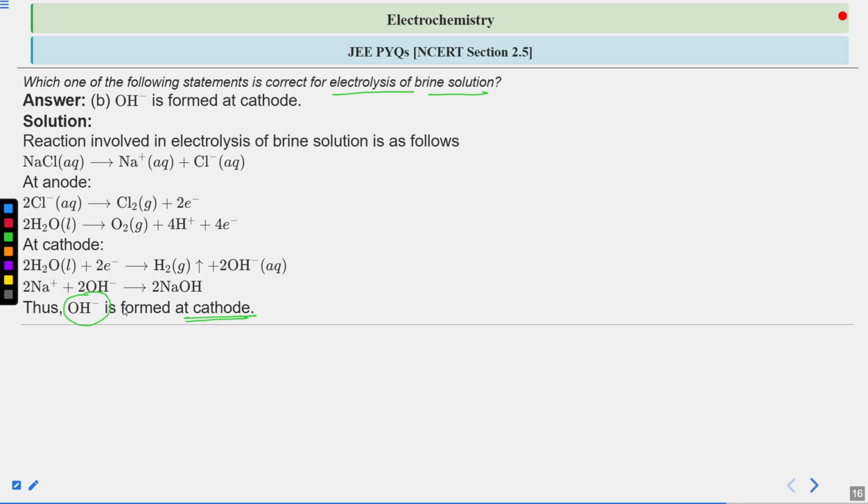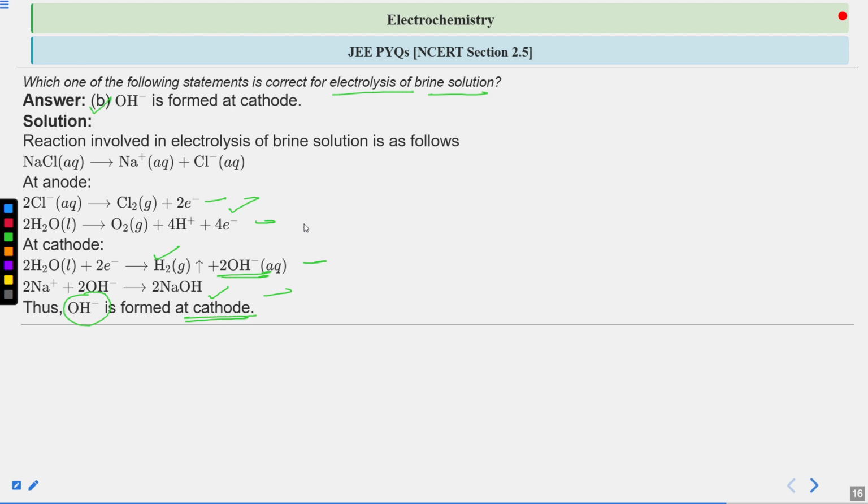As you can see in our reactions, at the anode we get chlorine gas and oxygen gas plus 4 protons and 6 electrons by these two reactions, and at the cathode we get hydrogen gas, sodium hydroxide and 2 hydroxyl ions by these two reactions. So OH negative is formed at the cathode. This is the correct statement given in our options. Hence the correct answer is option B.